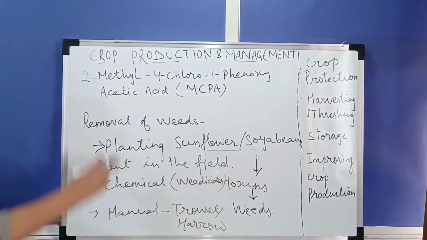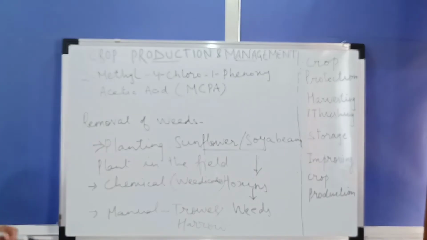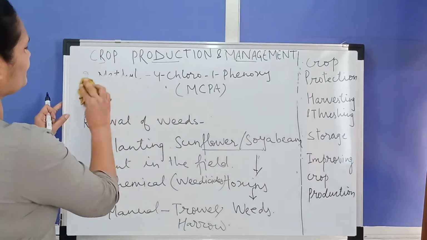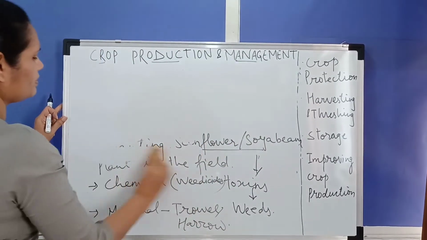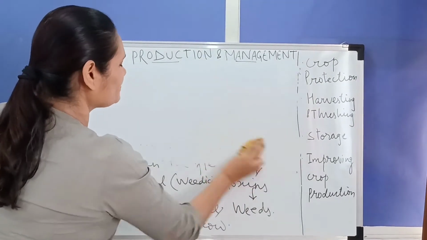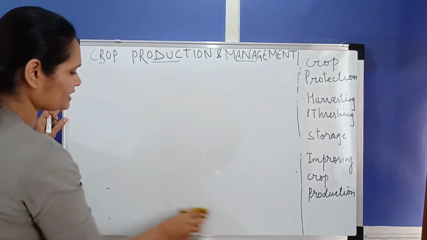So this is how we can control the weeds. Now next comes controlling the pests. For controlling pests, we use certain chemical substances.